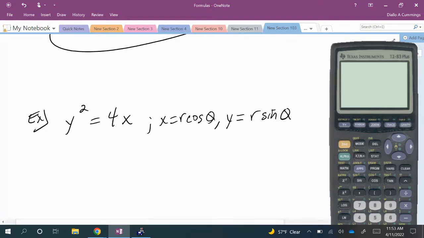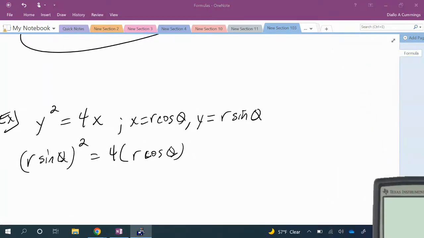So we have y squared, so that's r times the sine of theta, quantity squared. That's equal to 4 times x, so we substitute x for r cosine theta. We're going to solve for r, but before we solve for r, we're going to use the order of operations. On the left-hand side, we're going to evaluate the exponent.